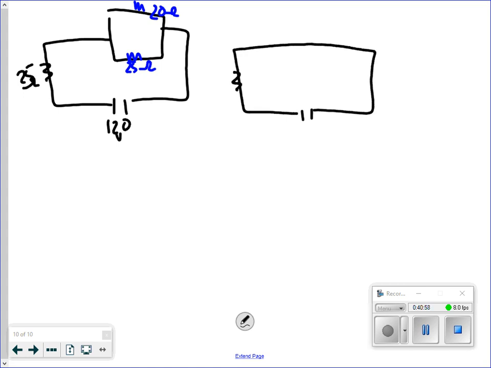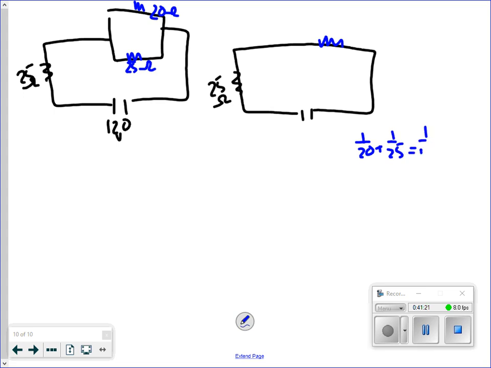Right? I still have a 25 ohm resistor right there, but now it's like I have a single one here, right? These are in parallel with each other, so I have to do 1 divided by 20 plus 1 divided by 25. Actually, let's do that over here. 1 over 20 plus 1 over 25.